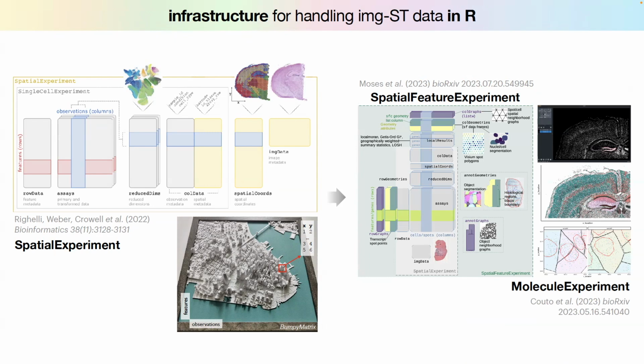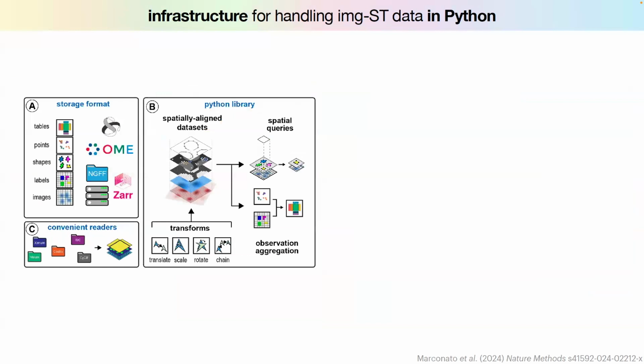especially if you're thinking multimodal. If in the same data set you have Visium, Xenium, and images, it's not easy to align them all in tables anymore. So the Python people came up, I think, with a really fantastic framework where they say, okay, all of these technologies that Lars presented, you can represent them all as 5 elements: tables, points, shapes, labels of pixels, and images, which are pixels.